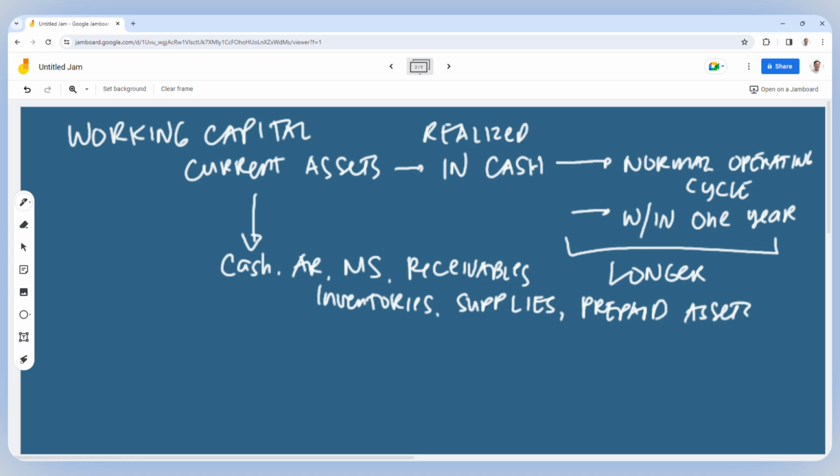Next one. Ano naman ang ibig sabihin ng ating current liability?